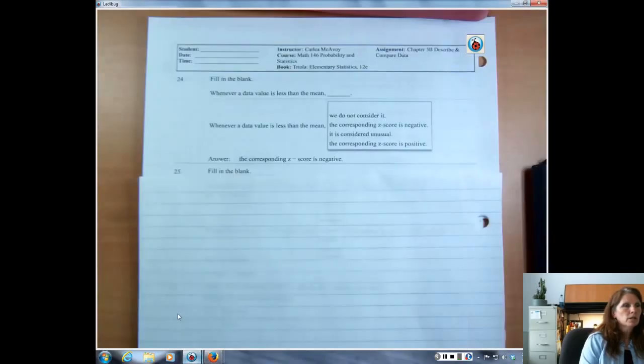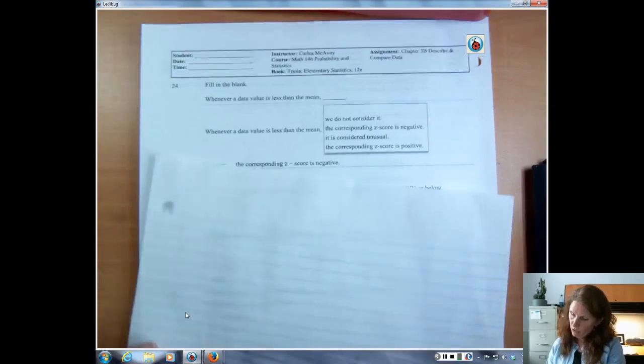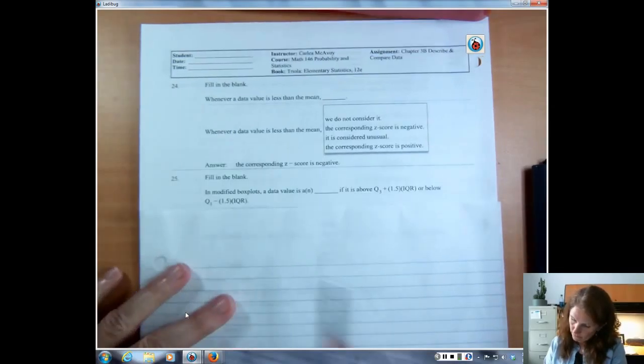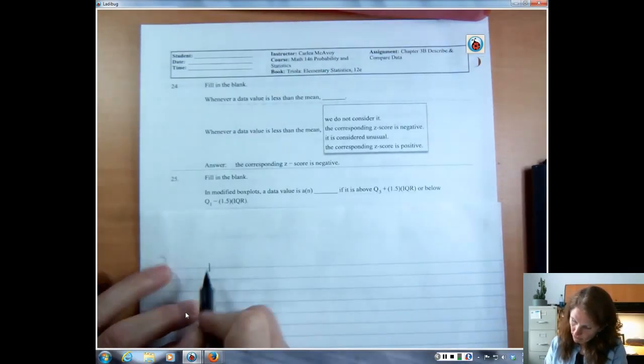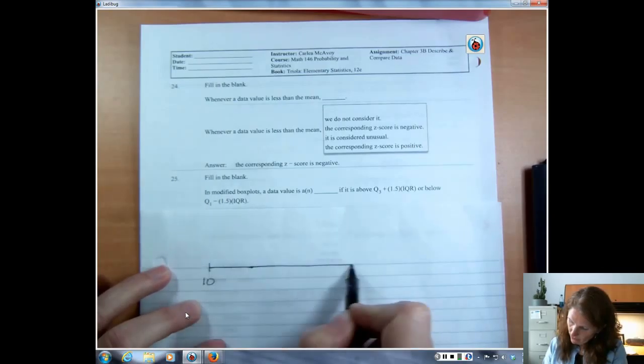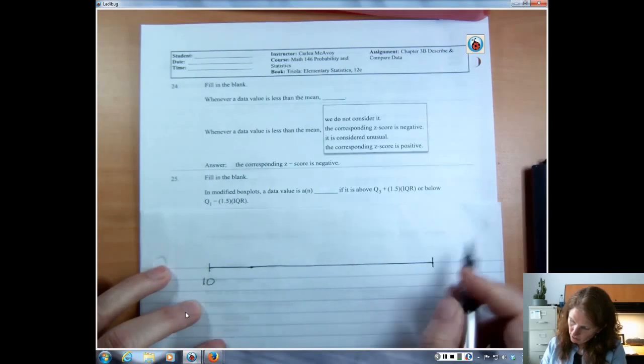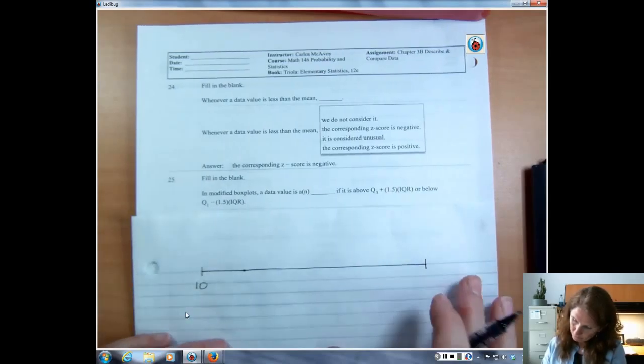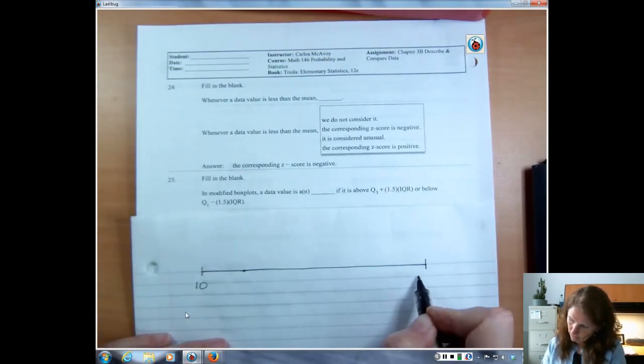There we go. So when you have a box plot, I'll just draw one here. Let's say my minimum value is 10, and my maximum value is 753.